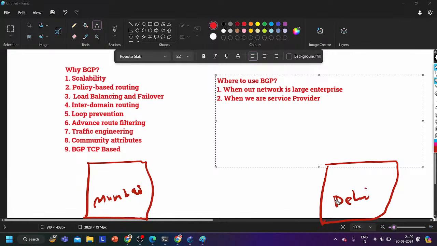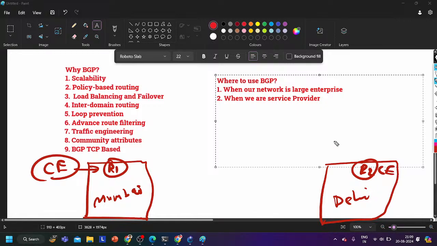I need connectivity between these two offices. Here I have one edge router, and here I have another edge router. Generally this router is known as a CE router, customer edge router. I am the customer, this is the network of the customer, and my edge router will be known as a CE router. This is customer edge router R1. R2 is also a customer edge router.